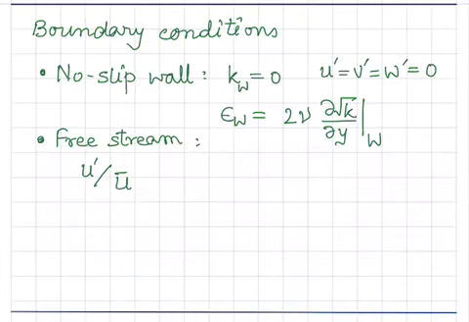It says how small the velocity fluctuations are compared to the mean velocity, and let's say typical values are in the order of 1%. So the velocity fluctuations are 1% of the mean velocity, and they can be in the range of 1 to 5% or sometimes even lower than that, but 1% is a typical number which is used.